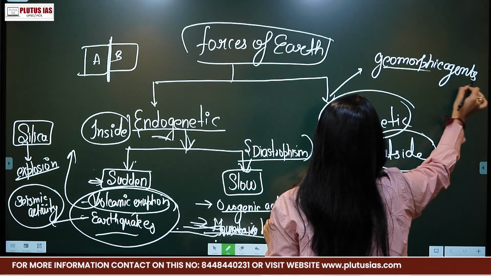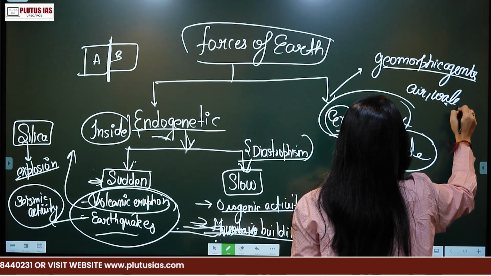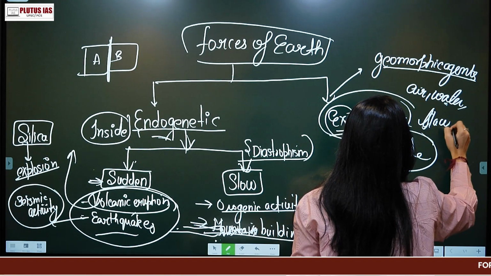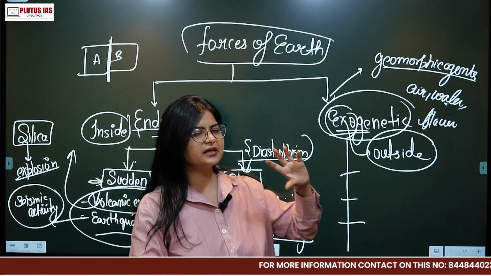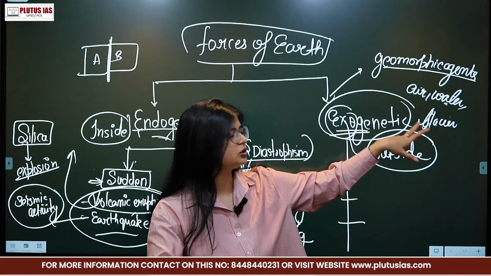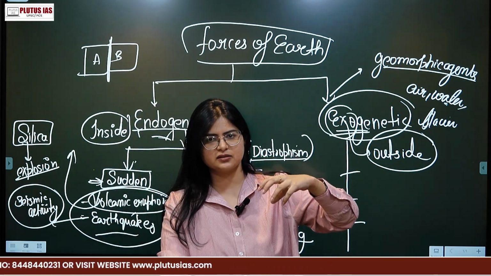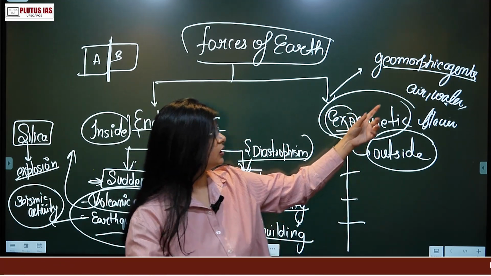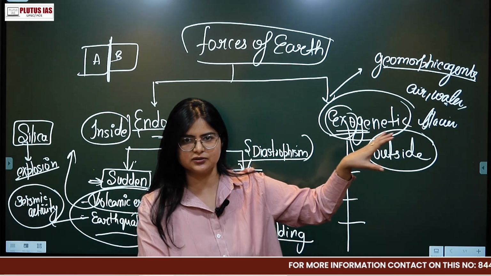What are geomorphic agents? Your air, your water, your glacier. These are the forces which help in taking sediment from one place to another place. So when a substance is deposited from one place to another, these are the geomorphic agents: air, water and glacier.